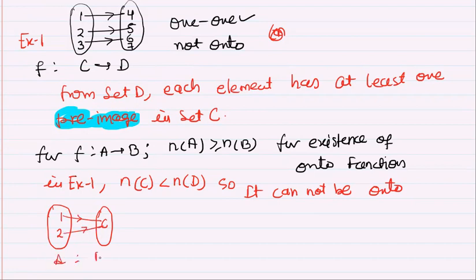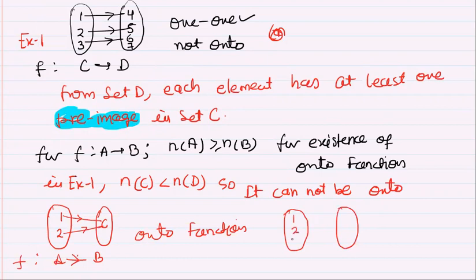This is A to B. And if I take 1, 2, 3 and e, f, g, this is also an onto function. Understood? So for an onto function, this is the criteria.